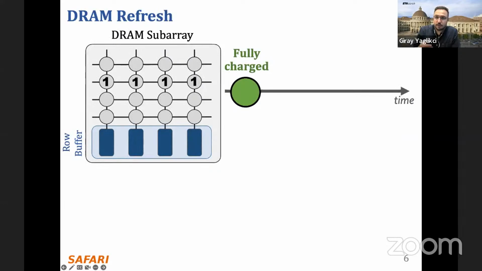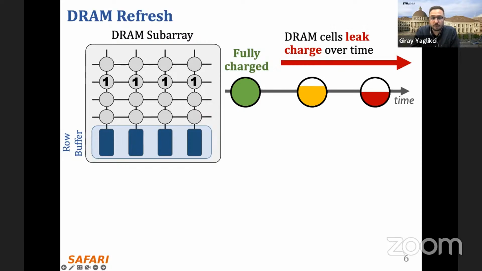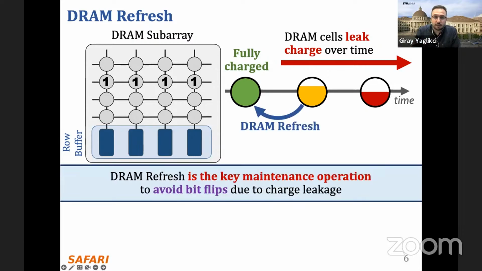DRAM internally is a leaky circuit. DRAM cells store data in terms of charge on a capacitor, and they tend to leak over time. To avoid losing data due to this charge leakage, we need to periodically refresh these DRAM cells.